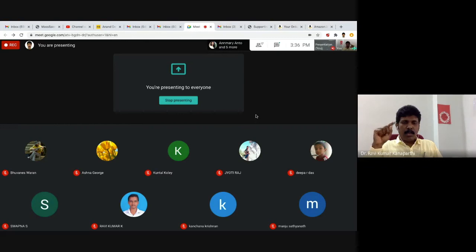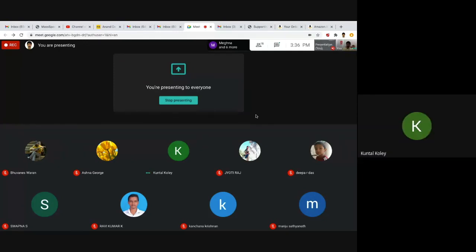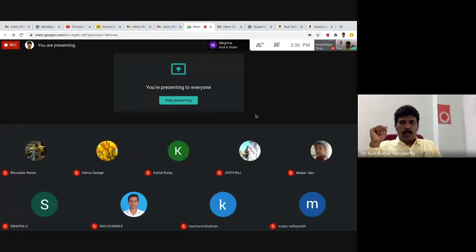One oxygen is 16, so two oxygens give 32. So 32 plus 29 is 61. Am I clear? So is 61 an odd number or an even number? It is odd. So how many nitrogens are there? One. One is an odd number, and the molecular weight is also odd.